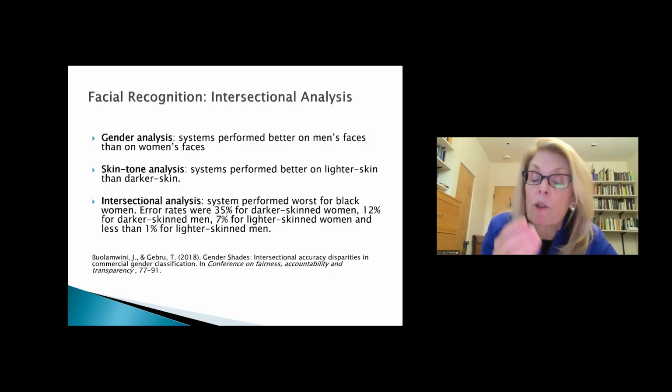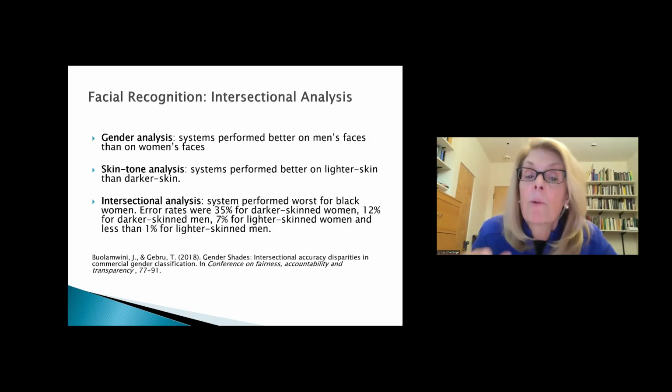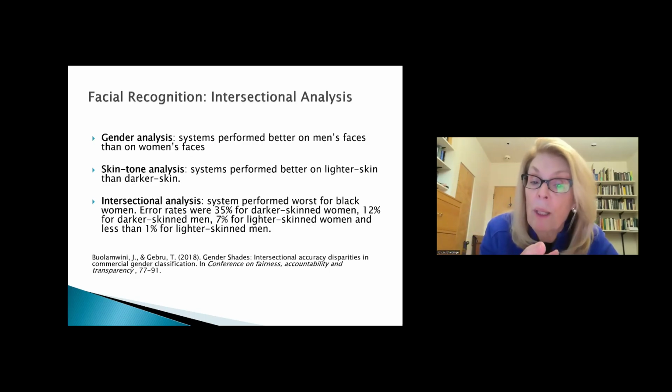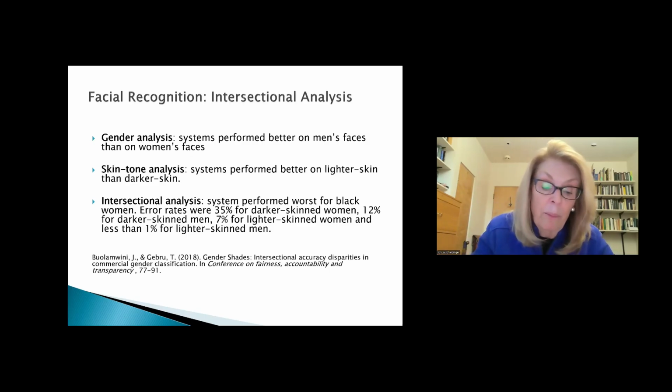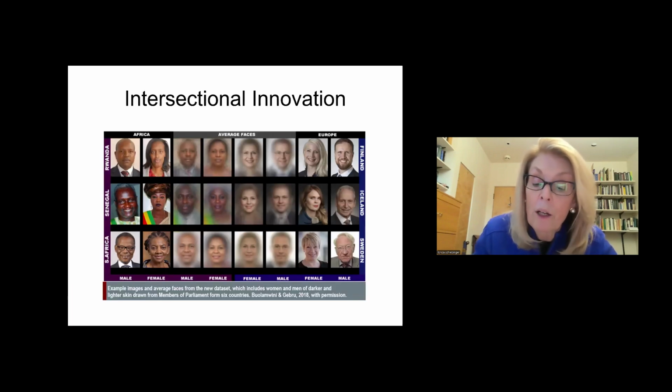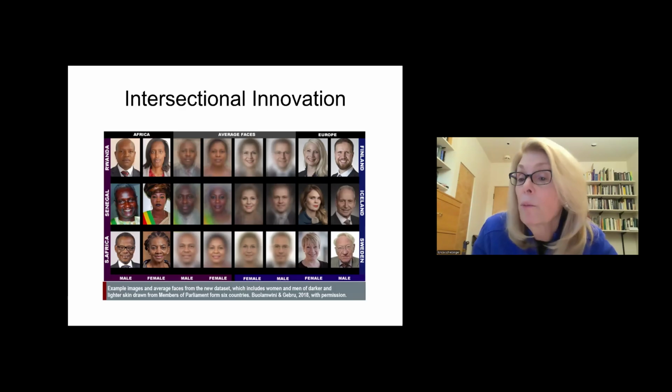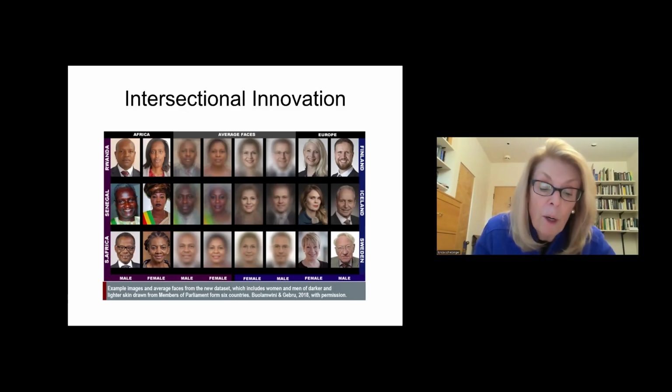The error rate was 35% for darker skinned women. That's really not acceptable. It was 12% for darker skinned men, 7% for lighter skinned women, and less than 1% error, or almost none, for lighter skinned men because they had developed the system. In follow-up work, she and her co-author created a new data set that provided better solutions for everyone.